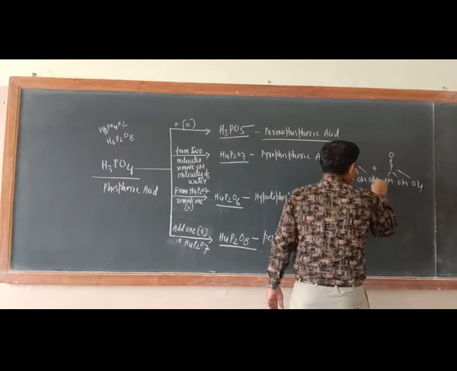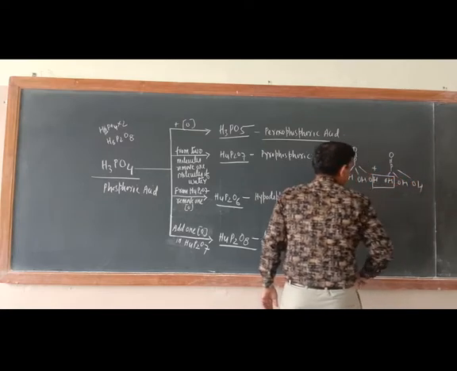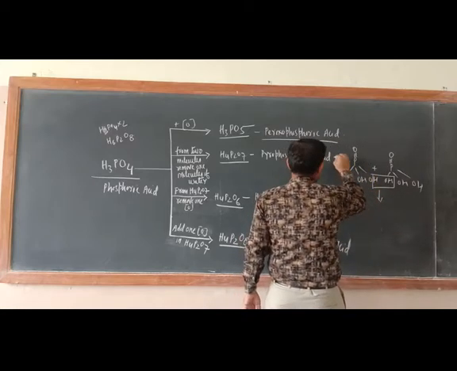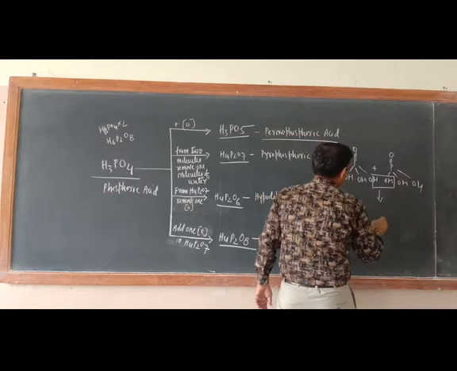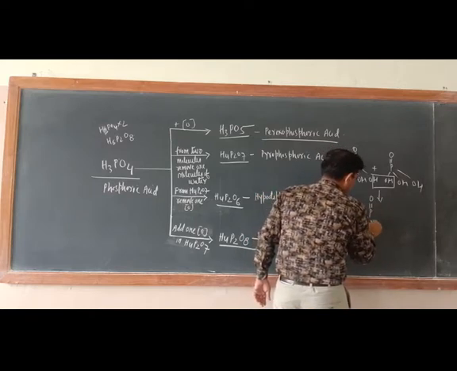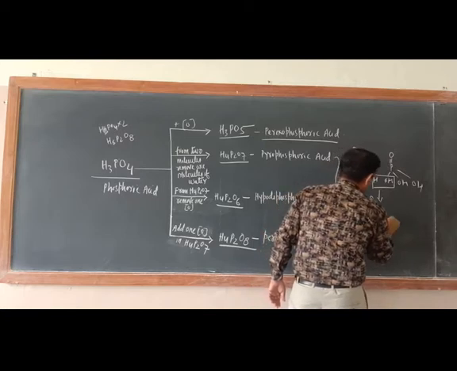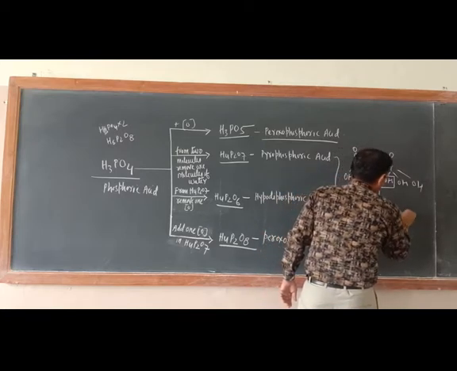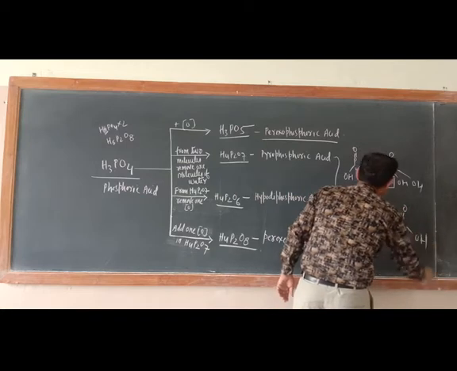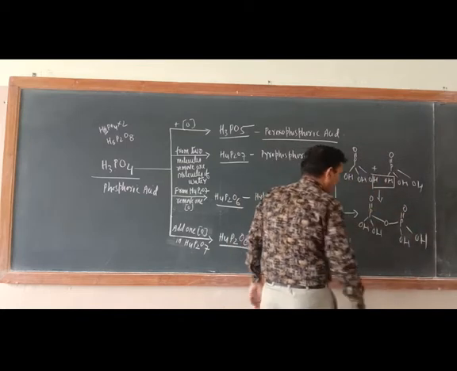Here H and OH is removed, meaning water is removed. Now what is left? One acid is left: P double bond OH and here OH, O, and P double bond O, here OH and here OH.